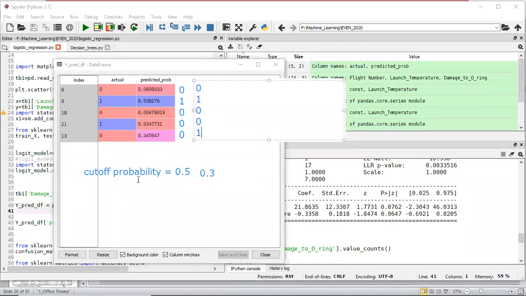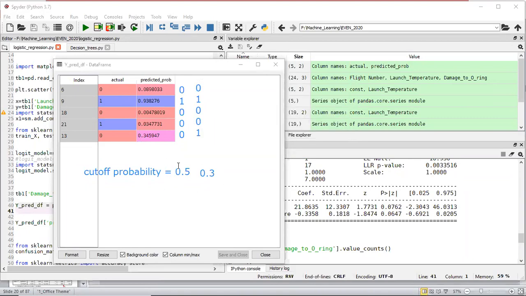So based on my cutoff probability, my output also will change. We have to choose an appropriate cutoff probability. There is a method to find the appropriate probability, which I'll show. Here, first we predict the probability of y becoming 1. Afterwards, we define some cutoff probability.